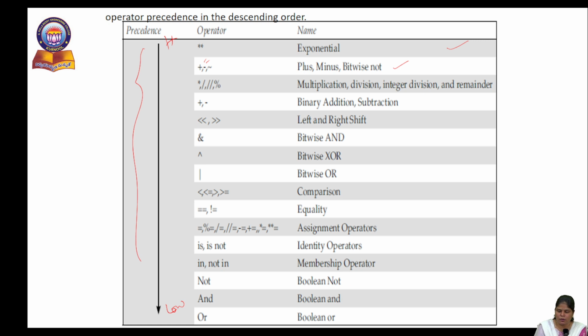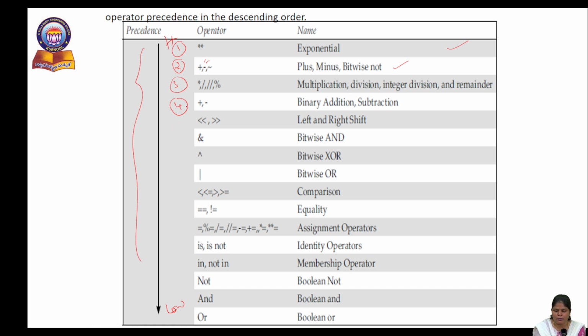Multiplication, division, integer division as well as the remainder are the third precedence. The fourth precedence is given to the binary plus and binary minus, that is, binary addition and binary subtraction.